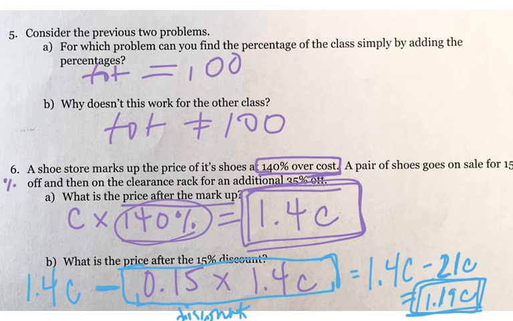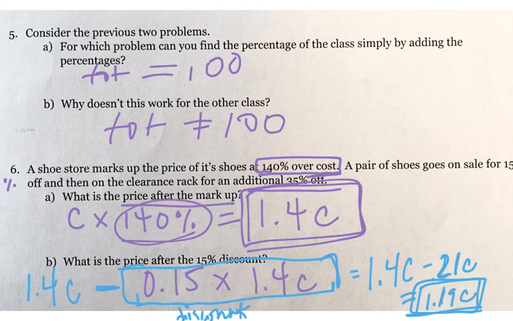So let's say the store buys a pair of shoes for $10, okay? Then they sell the shoes for $14 because that's 140% of the original cost. I would get that by doing 10 times 1.4, which gives us 14.